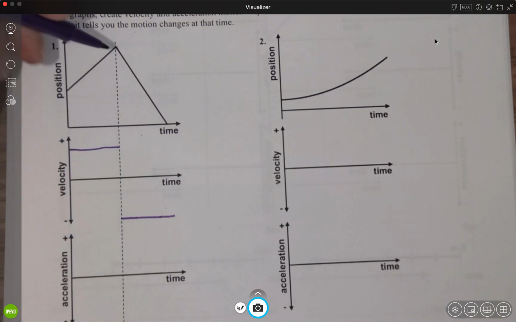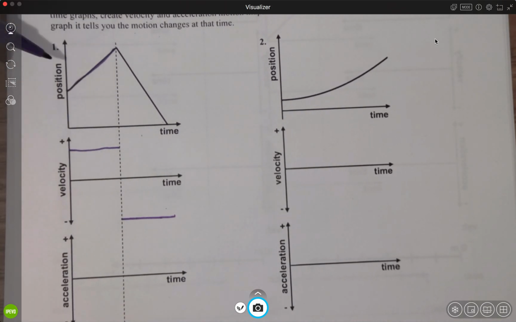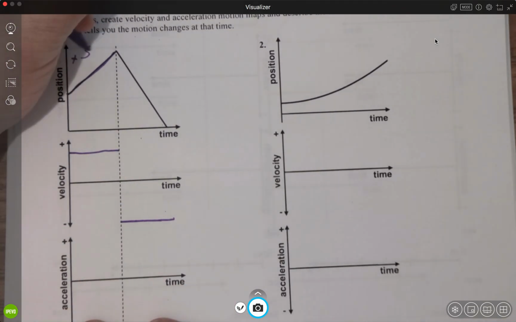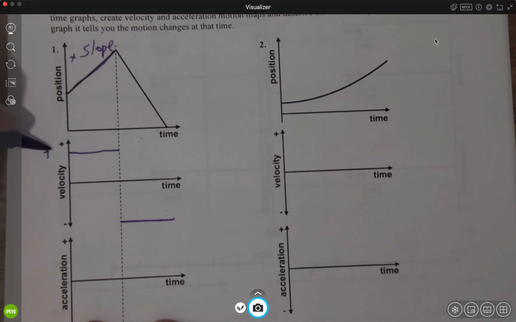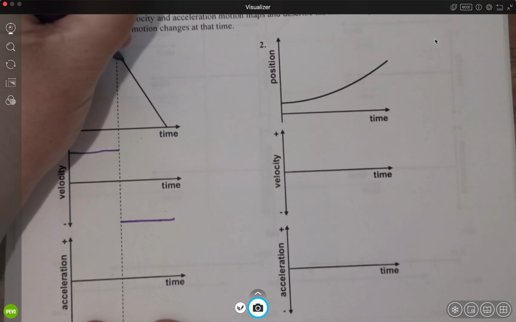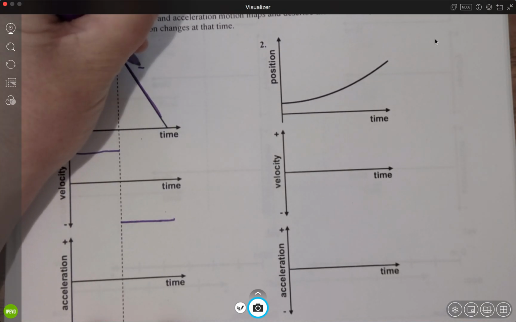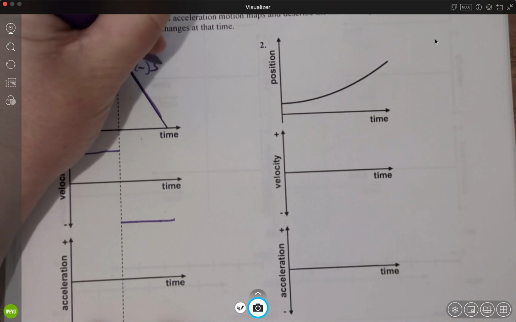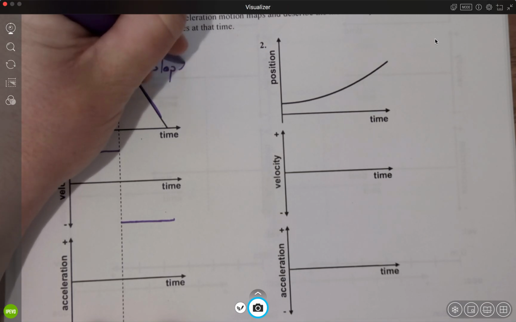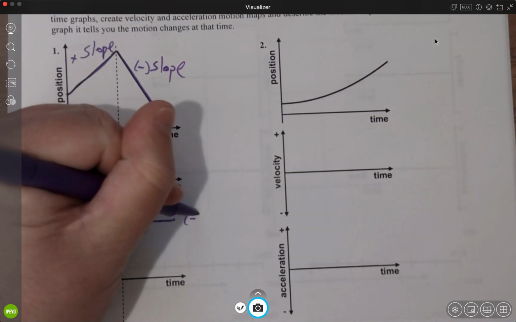This has a positive slope, so that's why we have a positive value here. This is a negative slope, that's why this is a negative value down here.